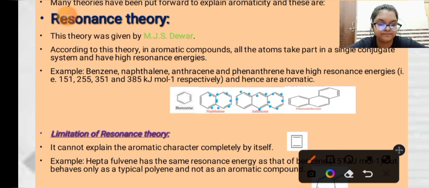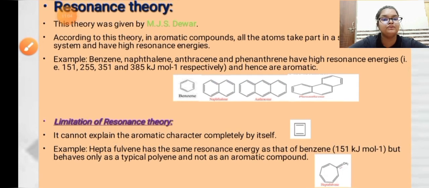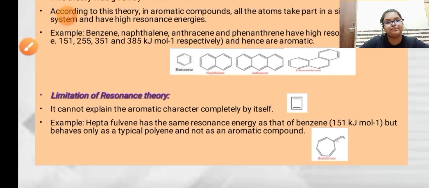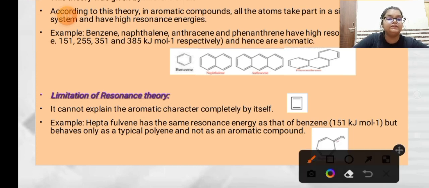Next is the limitation of our resonance theory. The first limitation is that it cannot explain the aromatic character completely by itself. Here, you can say that the double and single bonds are also there, but this is not an aromatic compound.